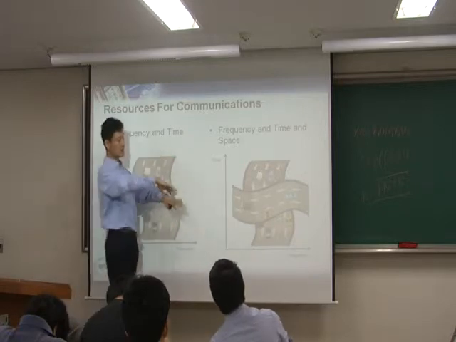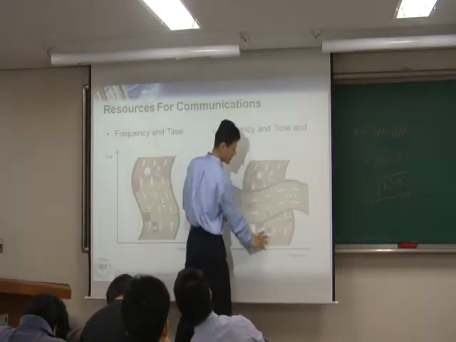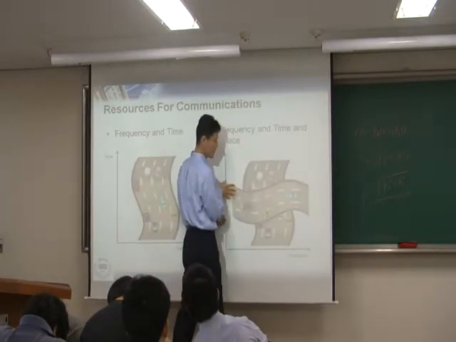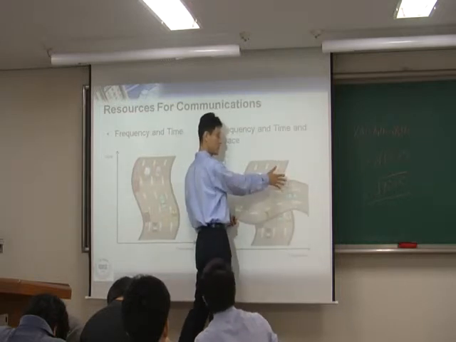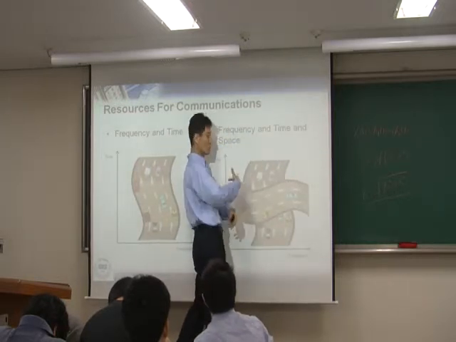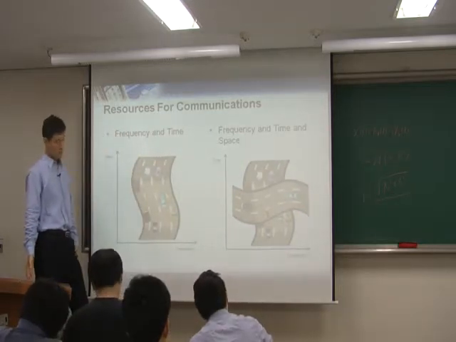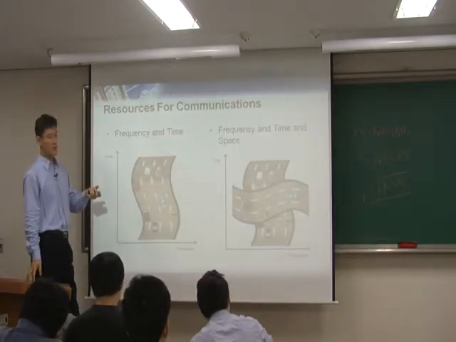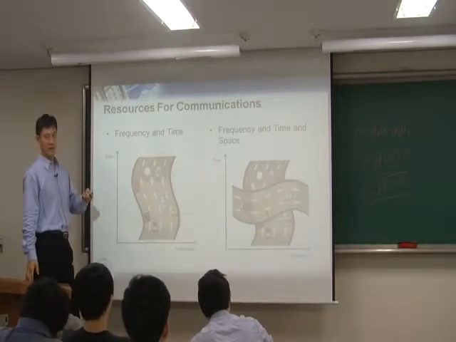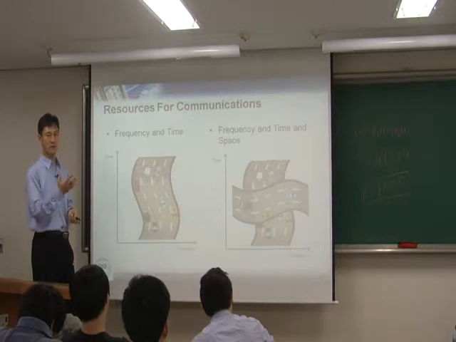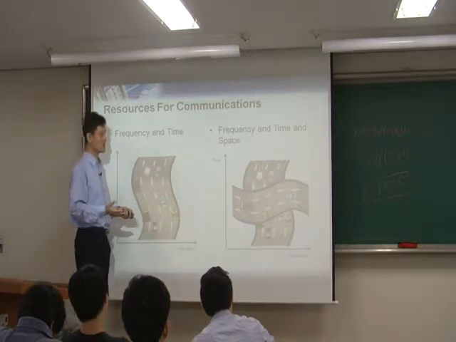In that case, in this area, you can have more traffic. We have the existing road and a new road on top of it in a different space, so you can have more traffic. Basically, it's a similar concept. So when you add more antennas, that expands the space into another dimension. We expand the space dimension.